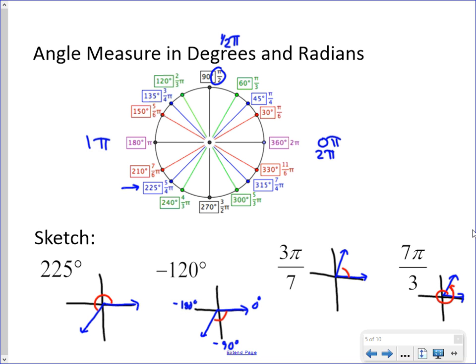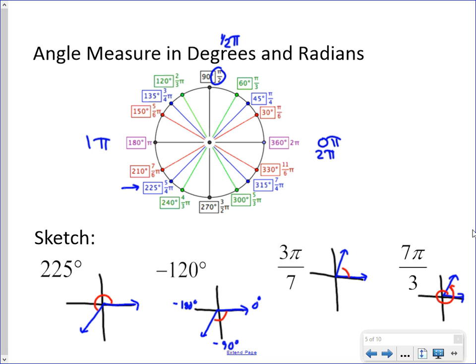All right, so that's just one of those things you need to sit with and concentrate on, especially when they're given to you in radians. Now, be very careful. If it doesn't have pi in it, and it just said like 3, and it didn't have degrees, then it would mean 3 radians, and you would have to figure out where that is. 3 radians would be between pi over 2 and pi, because this is about 1.57 and this is 3.14.